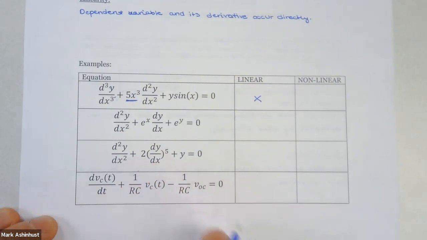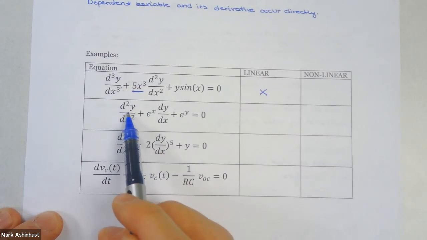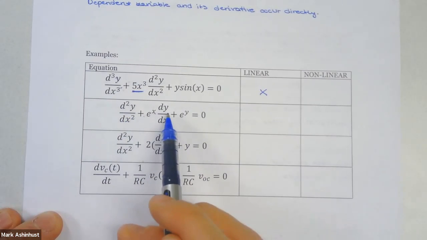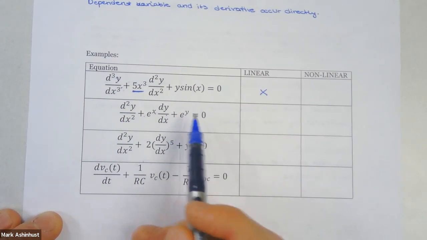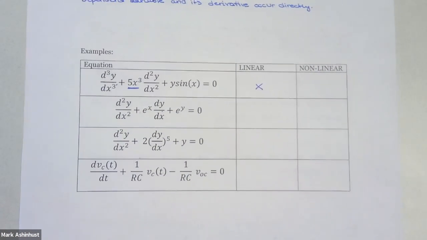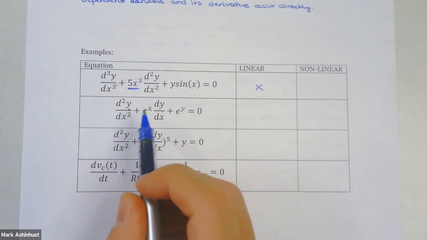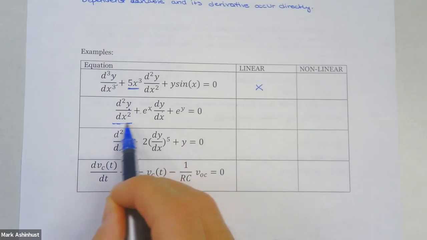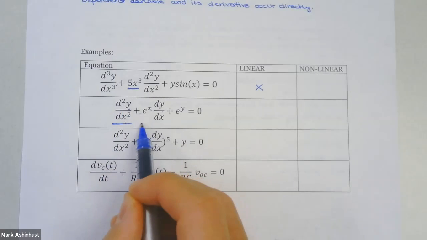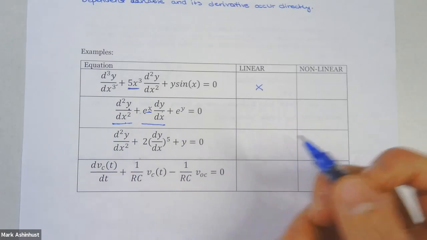And we can look at the next one. And we have the second derivative plus e to the x, first derivative plus e to the y. Now, is this linear? The first thing I would do, especially in all of these in determining linearity, is determine your dependent variable. So in this case, our dependent variable is y. And now we can check this term. Is it y linear? Awesome. E to the x, that doesn't matter because that's our independent variable.